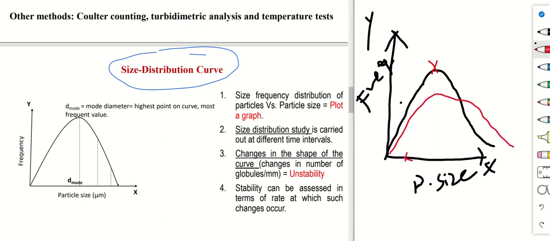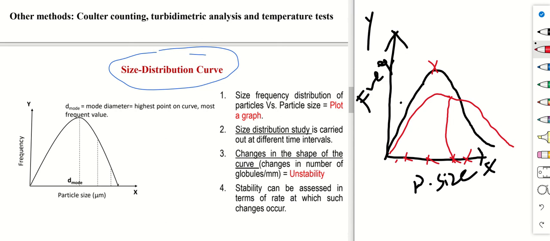For example, if they are unstable, the larger particle size will be considered. So the particle sizes will increase and the curve of the graph will change. So that is how the stability of an emulsion is determined by size distribution curve analysis.